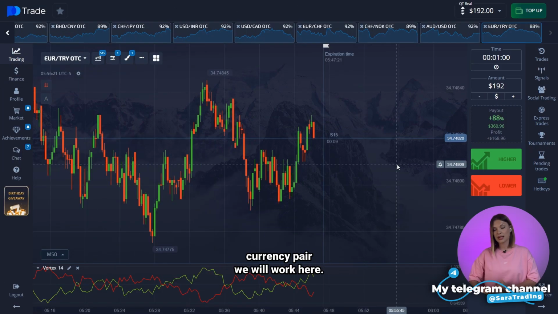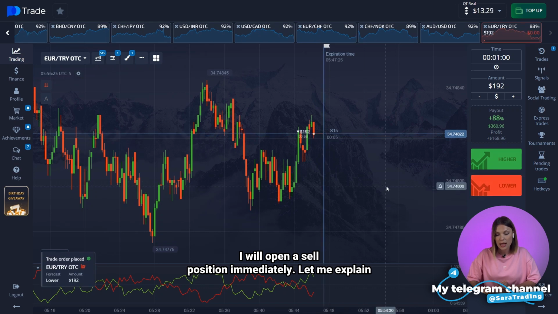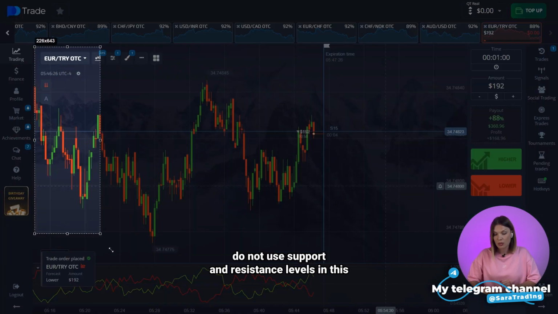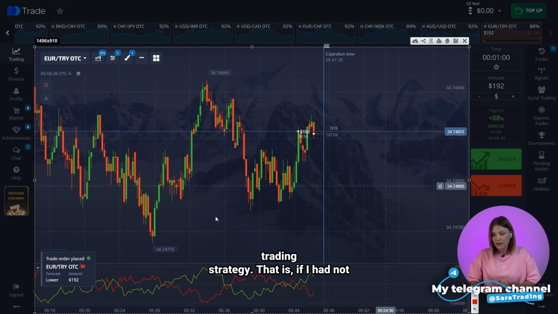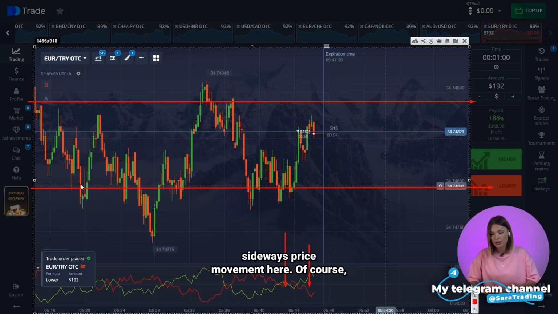So friends, the next currency pair we will work here. I will open a sell position immediately. Let me explain why. As you may have noticed, I do not use support and resistance levels in this trading strategy. That is, if I had not used this indicator, then I would have built a resistance level here and a support level here, and I would have determined that we have a sideways price movement here.